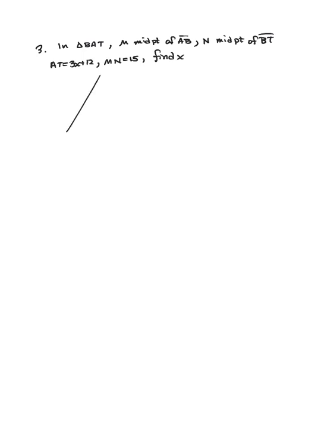Okay, so you have some triangle BAT. And M is the midpoint of AB, N is the midpoint of BT. Now let me put the information in. So I have that AT is 3x plus 12.